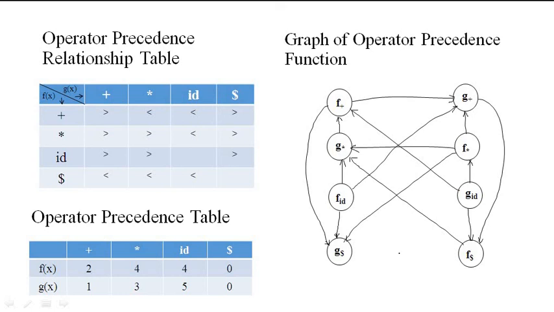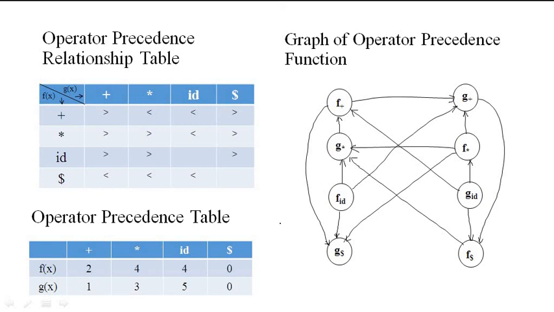Now, operator precedence table. How can you fill this operator precedence table? F of x and g of x, there is input symbol plus, star, id and dollar. So first put f of plus.